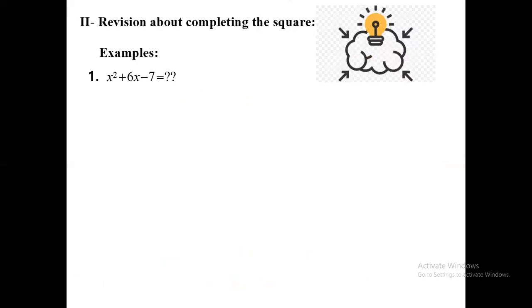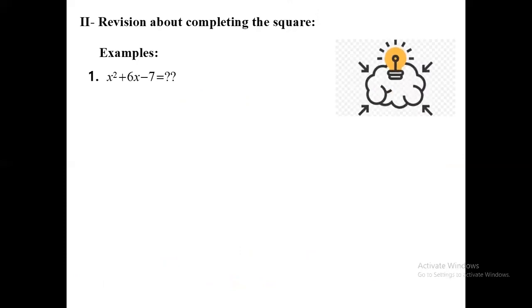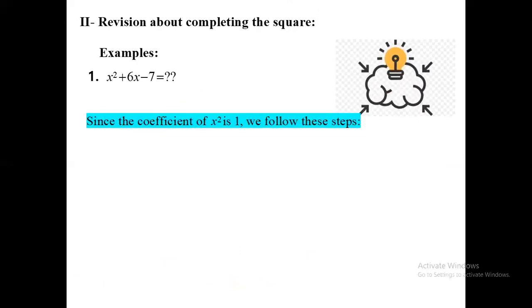Now let's do a revision about a previous skill that you have studied in the previous classes, completing the square. Example: the expression x² + 6x - 7. How can we complete the square of this expression? Since the coefficient of x² is 1 here, we follow these steps.